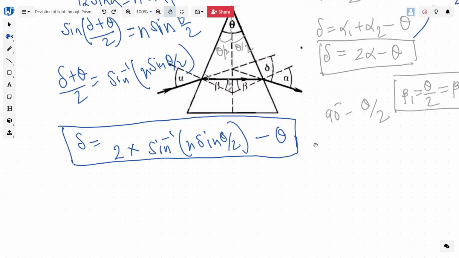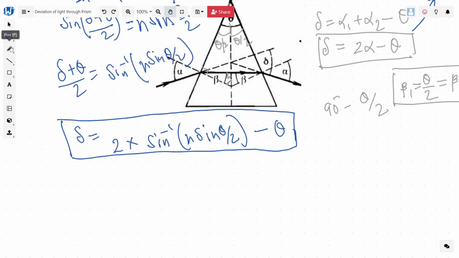So we know that our deviation is basically defined by this equation here. Delta is equal to alpha 1 plus alpha 2 minus theta. Now, in order to minimize this quantity, we need to differentiate it with respect to something.